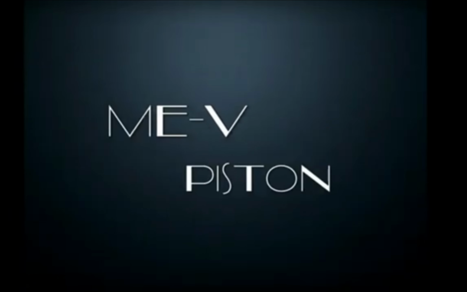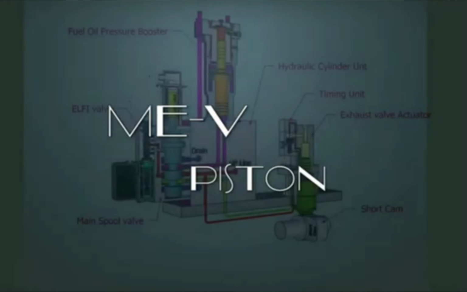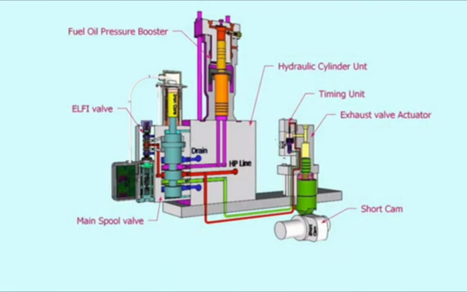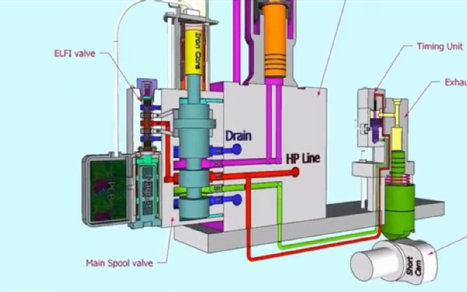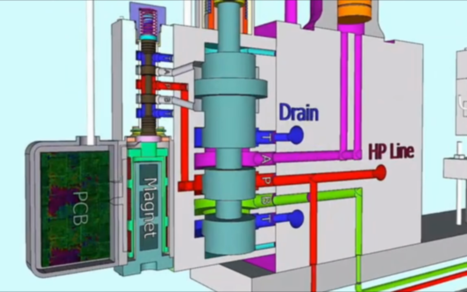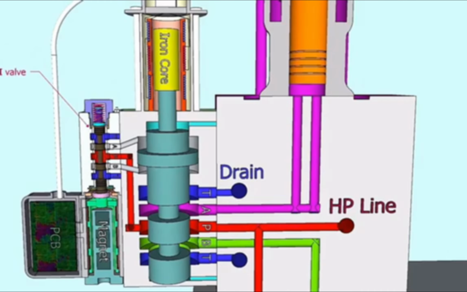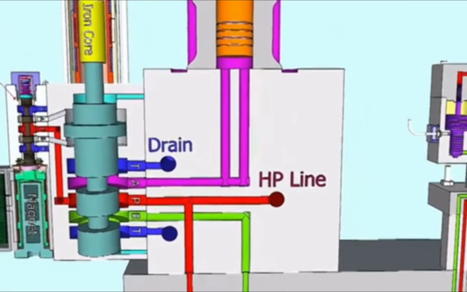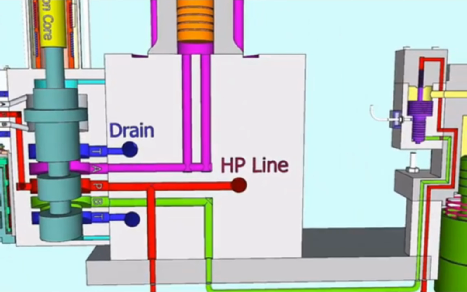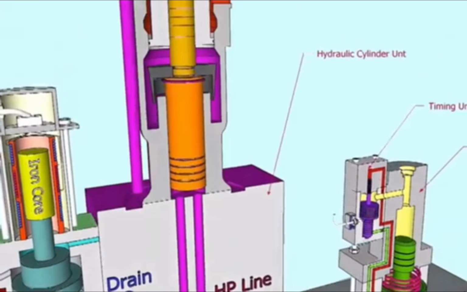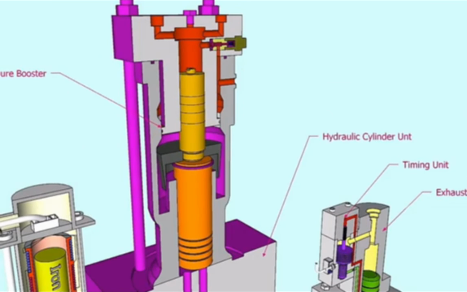Next, we will discuss how we are achieving variable compression pressure by adjusting the closing timing of the exhaust valve through the timing unit. The timing unit piston is known as the MEB piston, and from the spool valve through passage B, the high pressure oil will pass below the MEB piston and push it up, so that some extra oil will pass to the high pressure side of the exhaust valve actuator.